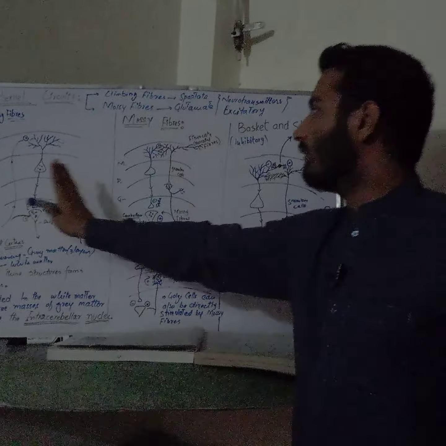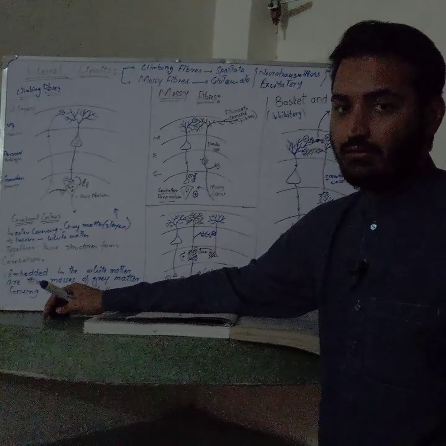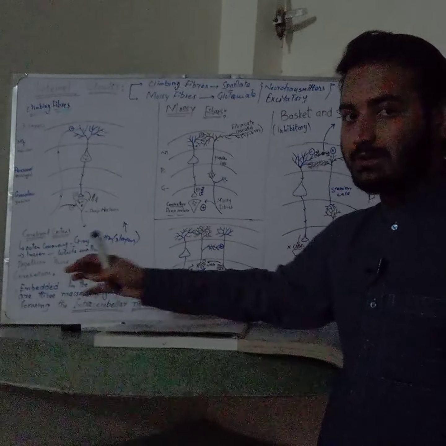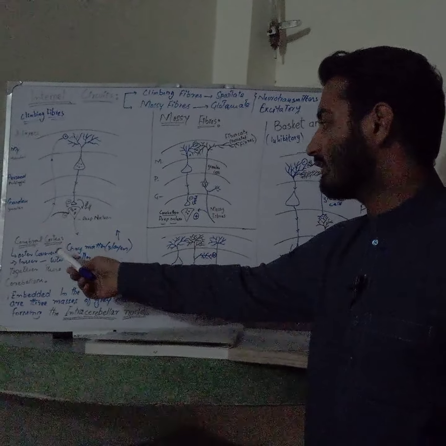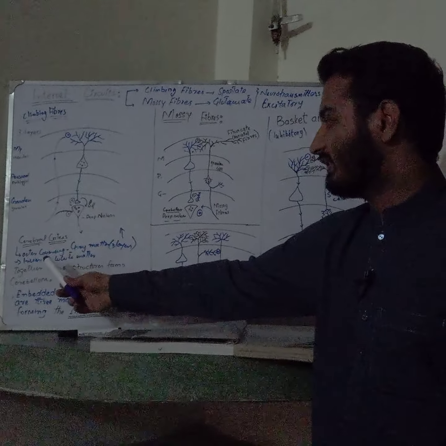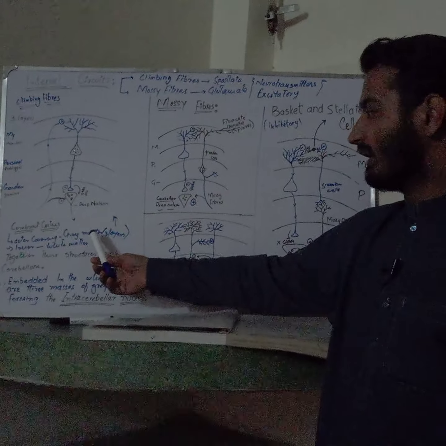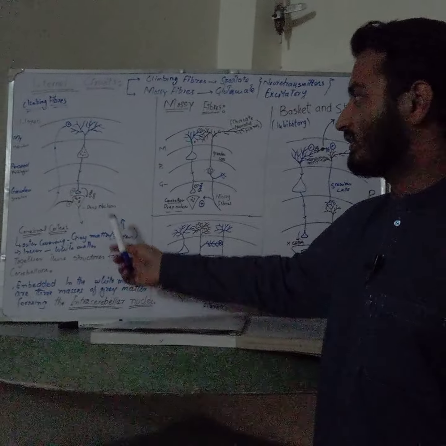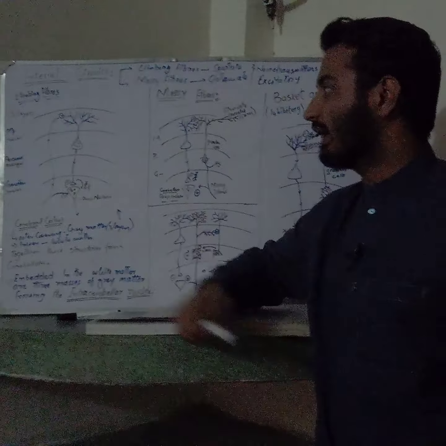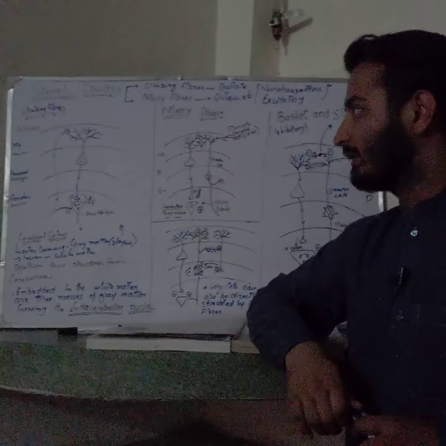Now, how does this actually happen in climbing or mossy fibers? Before studying the mechanism, let us study the structure of the cerebellum. The cerebellum comprises two structures, the first being the cerebellar cortex. It's the outer covering, comprised of gray matter, and it contains three layers, which I personally learned from a mnemonic: my personal garden.